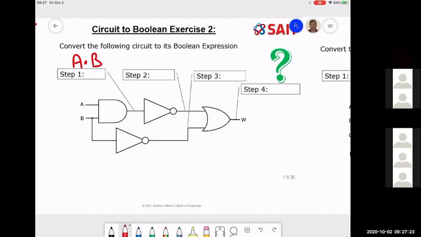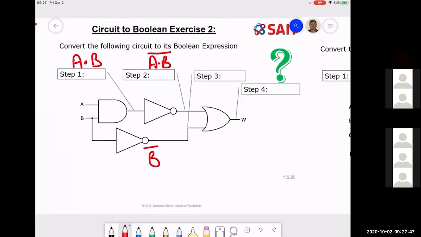Step 2, it would be the invert of A and B. Yep. Step 3. That'd be the invert of B. Correct. Step 4.